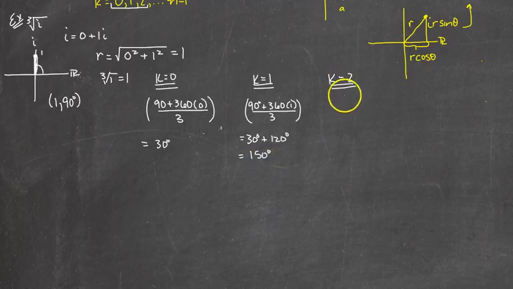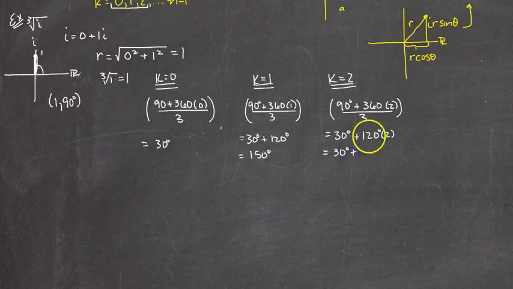Then k equals 2. Inside the parentheses, I'm going to end up with 90 degrees plus 360 times 2, divided by 3. I don't see any reason to change the method I'm working in. 90 divided by 3 is 30 degrees, and then 360 divided by 3 is 120, but the 120 still needs to be multiplied by 2. So that's 30 degrees plus 240, and that's 270 degrees.